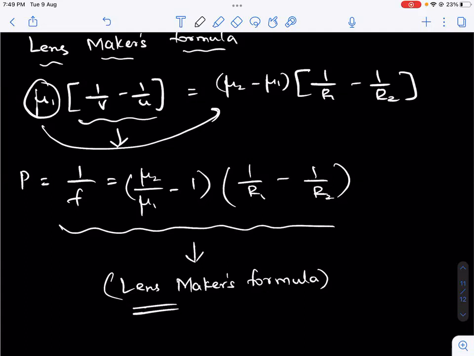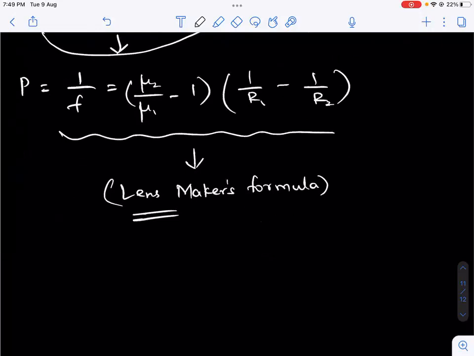So when you try to define or design a lens, there are certain factors that you take into consideration. What are they? The refractive index of the material that is used, the refractive index of the outside medium, and the radii of curvature. All these are taken into consideration to even define or design a lens.